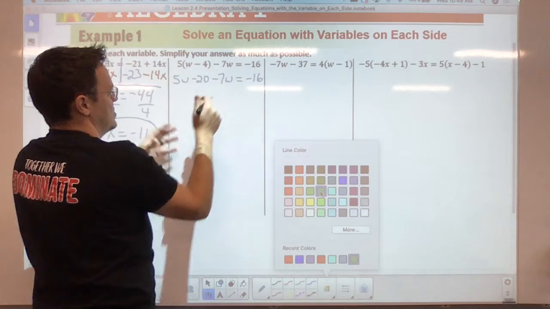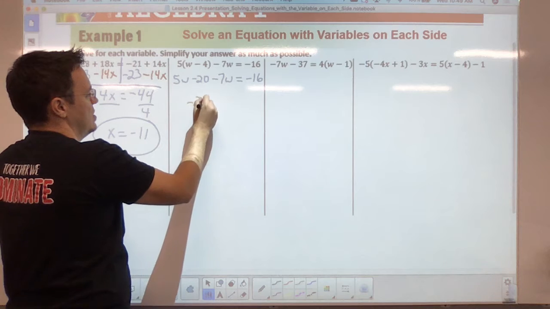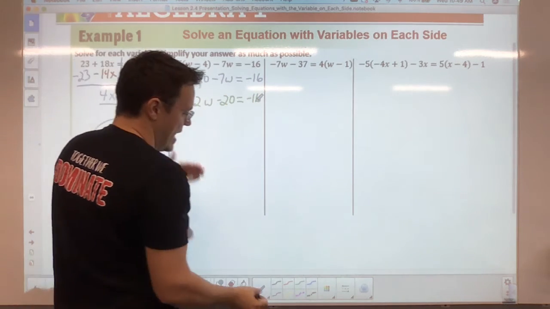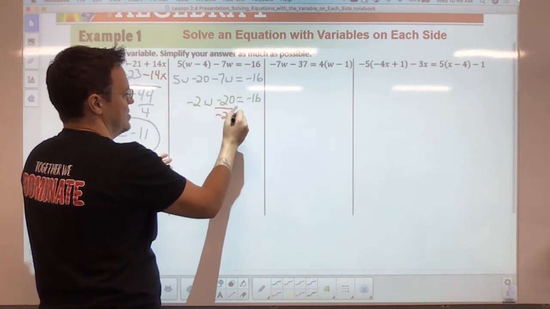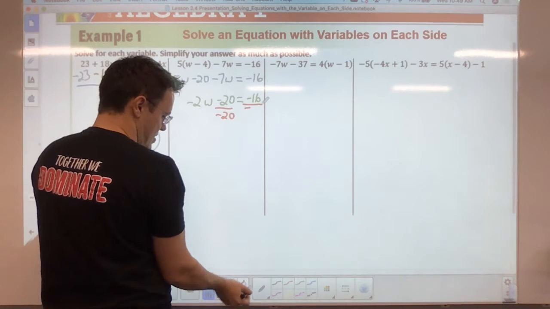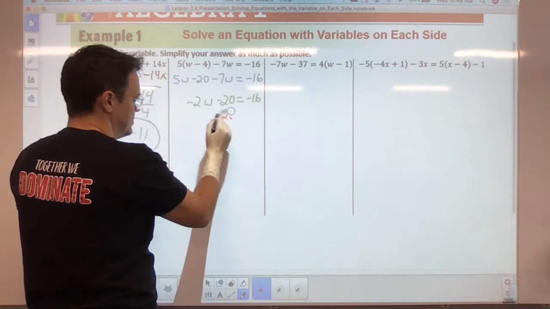5 minus 7, so a 5 and a negative 7, you put them together, you have negative 2w minus 20 equals negative 16. Now you solve and get everything away from the variable. So you would divide, oh, sorry, that's not divide. I screwed that up.